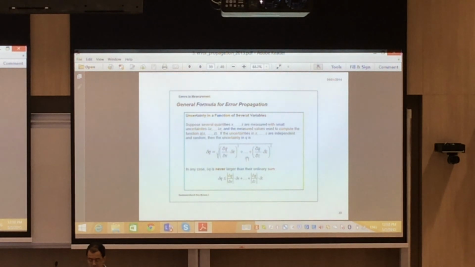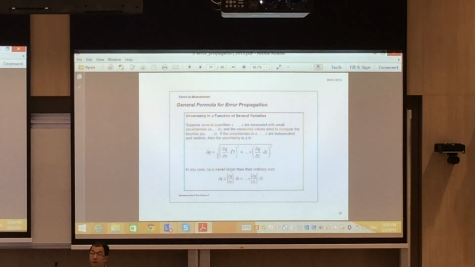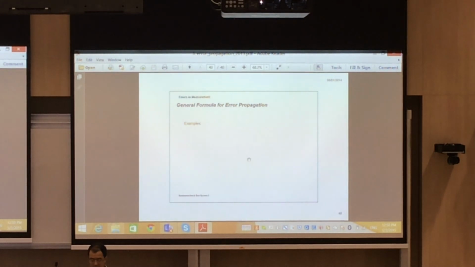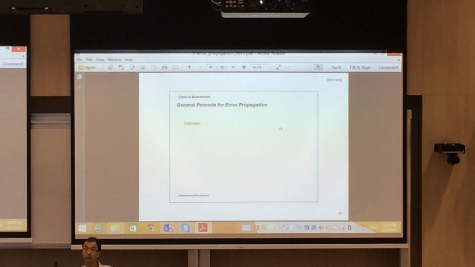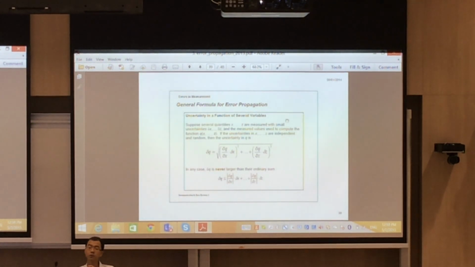It's a quadratic summation of the uncertainties for each of these parameters. Yeah, this one looks a bit complex. Okay, so I think I will stop here. In the next lecture, I'm going to show you examples.